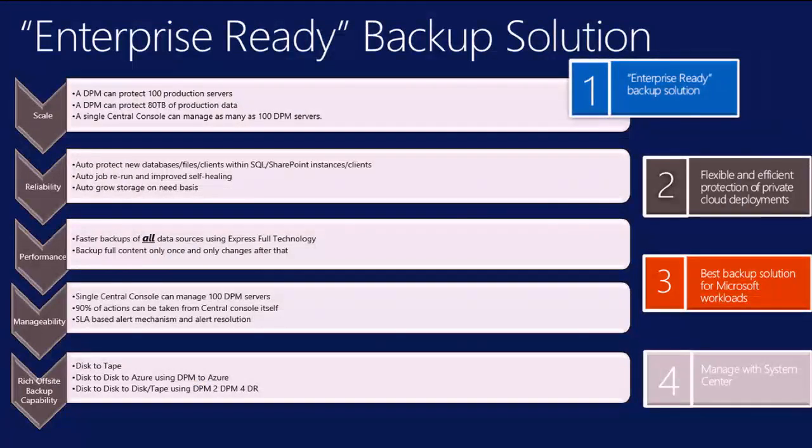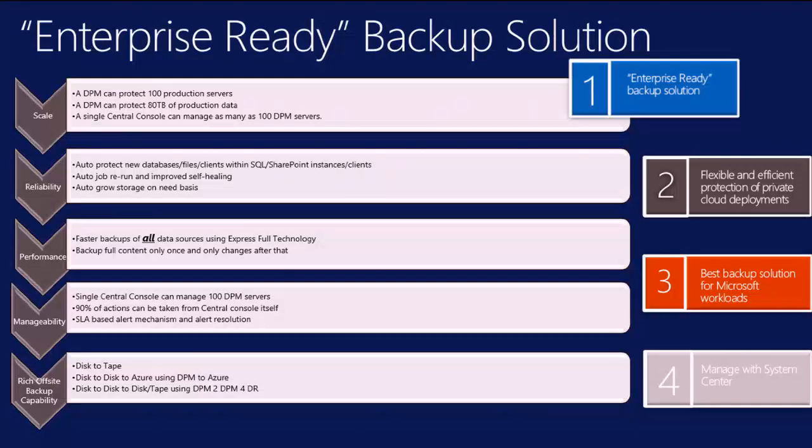Now, quickly jumping onto DPM being an enterprise-ready solution, DPM has rich backup capabilities, be it at the scale level, or at the reliability level, or the performance level, you name it. All of them are there. For example, if you're talking about the scale, a DPM server can protect as many as 100 production servers, or it can manage 80 terabytes of protected data.